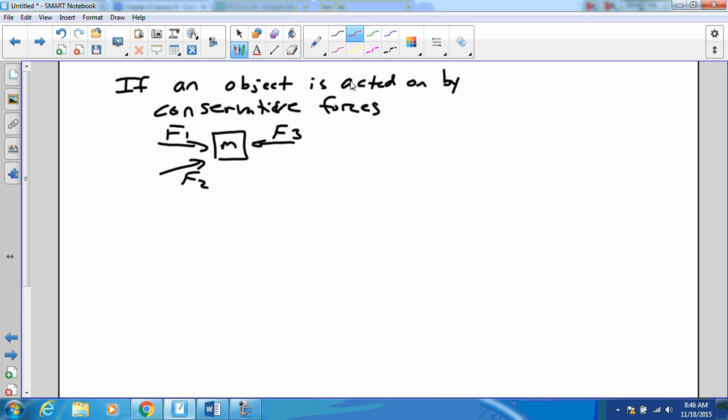And then, what can we say about the work done by all of those forces? Let's take a look at the net work done by all of those forces. Well, that's going to be the work done by force 1, plus the work done by force 2, plus the work done by force 3. And if I have more forces, it would be all the way out to however many forces I've got.